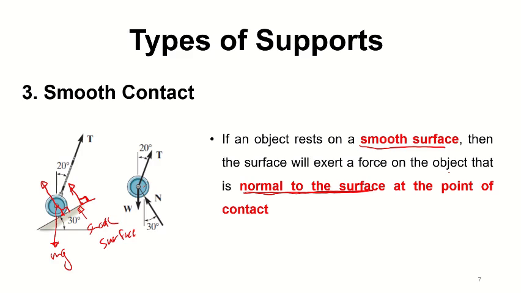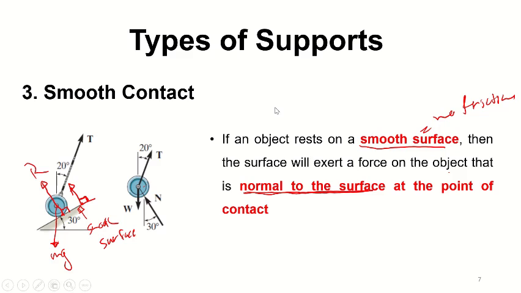So if it is a smooth surface, which means no friction, then the surface will exert a force on the object that is normal to the surface at the point of contact, right? So this is, say, R, right? Whenever you have this type of smooth surface, the force exerted by this surface on the object is normal to the surface.